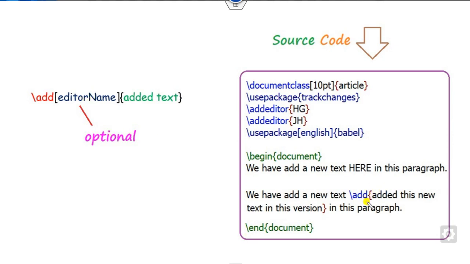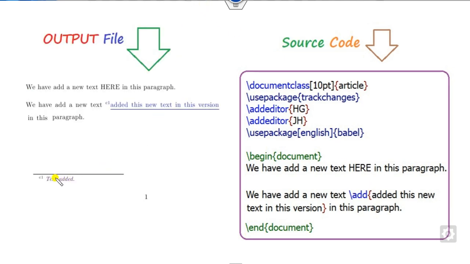You can see I have removed HG from here. It depends on you whether you want to highlight which author has updated. If you run this file after removing HG, you will get the same output. This line is added into the revised manuscript and is automatically underlined, so that the reviewer as well as the associate editor of the journal know that you have updated the manuscript.